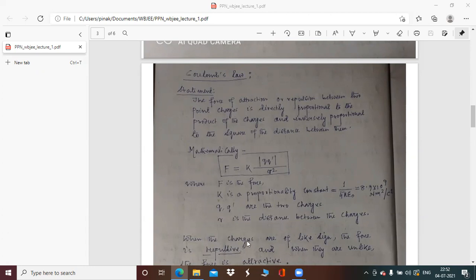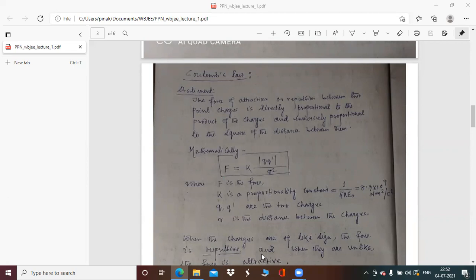Now, when the charges are of like sign, that means if these two charges are either both positive or both negative, then the force is repulsive. That means when these two charges have the same sign, the value of this force will be positive, and that kind of force is repulsive in nature.